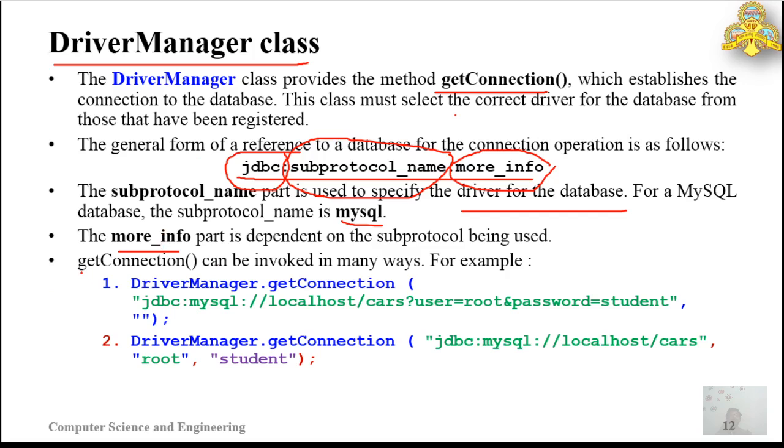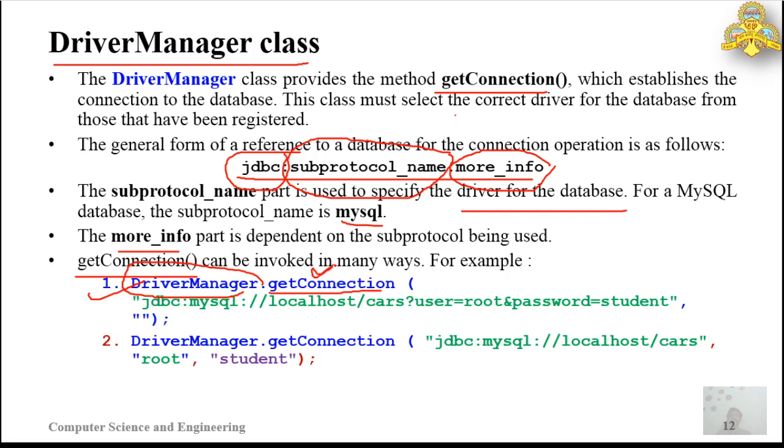getConnection is an overloaded method, so there are many possibilities to invoke it. I have given two here. In one type of invocation, we call DriverManager.getConnection. Observe that I am using the class name directly with the method name. The reason is that getConnection is a static method in the class DriverManager, so I cannot call it through an object of DriverManager.